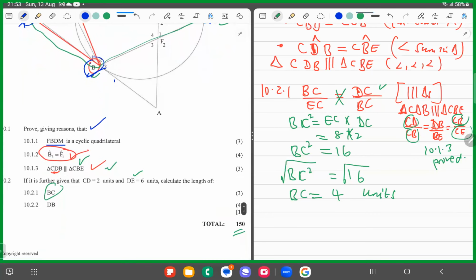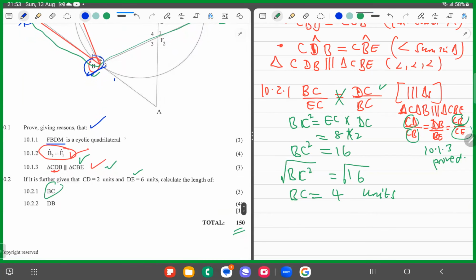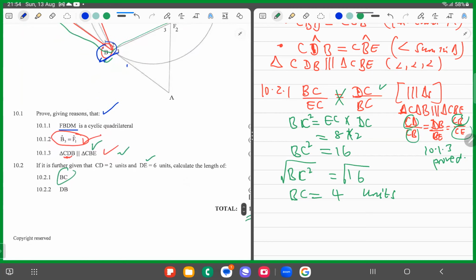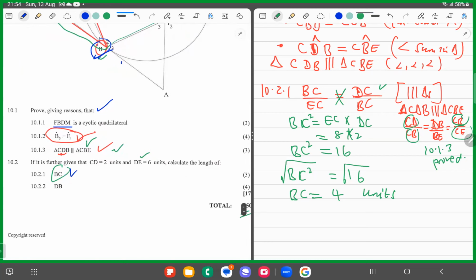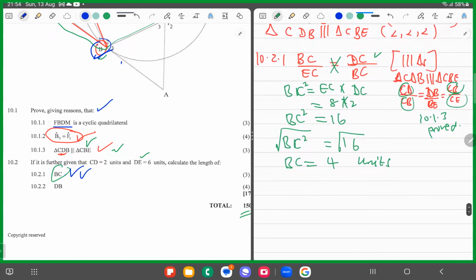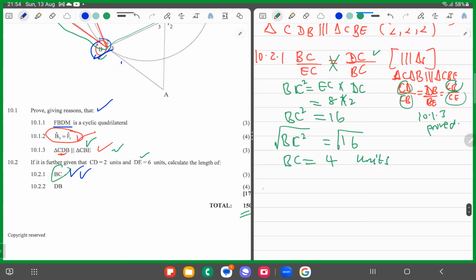And they asked us here to find the length of that. The length of BC is 4 units. The next thing now we're going to do is to look at 10.2.2.